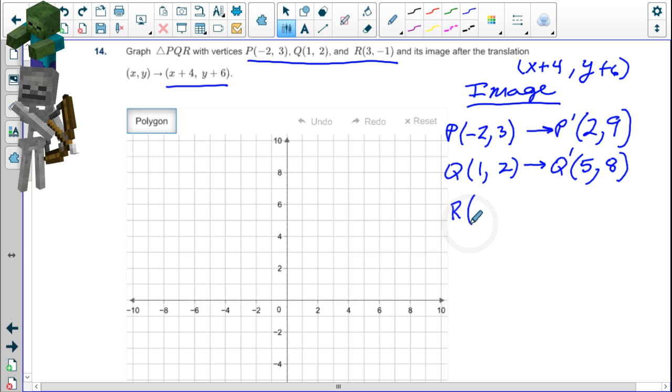And then R is at 3, negative 1. So that's going to change to R prime, so 3 plus 4 is 7. And then negative 1 plus 6. Negative 1 plus 6 is positive 5.